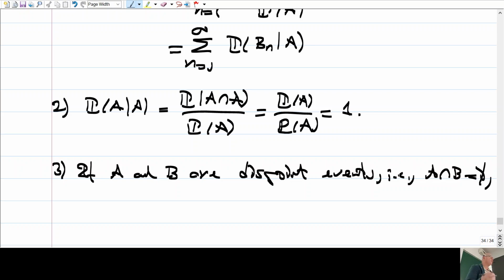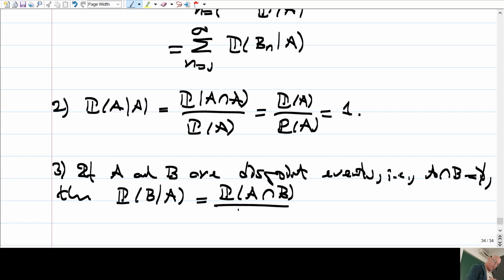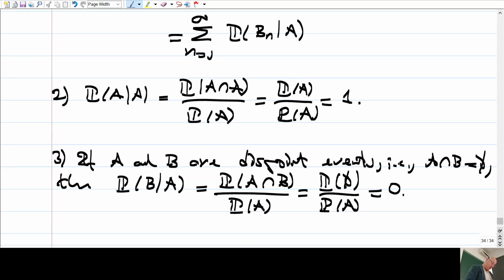They cannot occur at the same time. Then P(B|A), what is this? This is by definition the measure of the intersection divided by the measure of A. But this is the empty set, therefore this is 0.